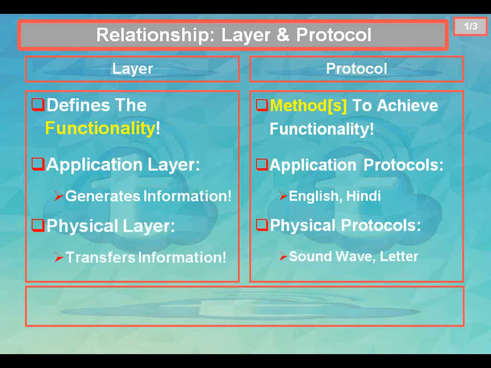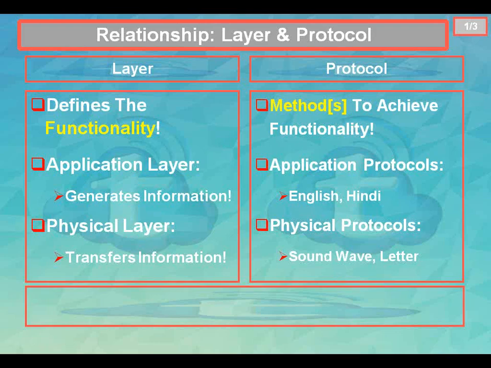Physical layer. What does it do? Transfers the information is the definition of the functionality. Physical layer functionality is that. Transfer the information. But what are the different methods we can use to transfer? Sound wave, letter. In the previous example, we have seen actions and eyes.